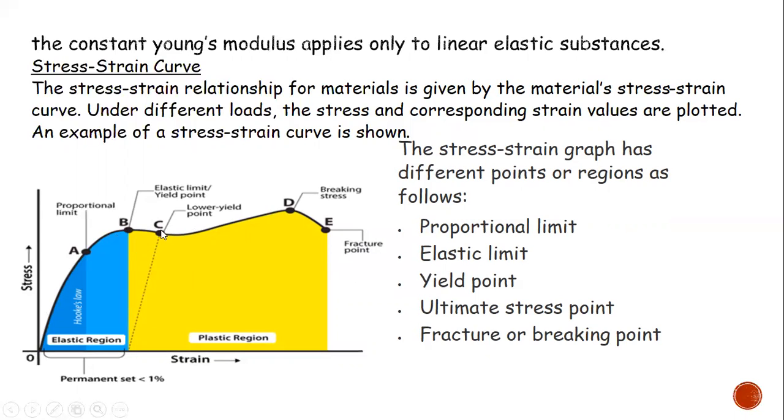Up to B, the material returns to its original shape, but after B, in the BC region, it does not return to its original shape. This is the plastic region, with permanent deformation. For instance, if a spring is stretched beyond B, it will not return to its original position, but will be deformed.